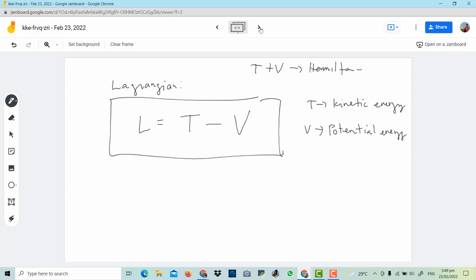But you must write it in momentum nga, in terms of momentum P. Okay? Hamiltonian. So, madiscuss gapon nato ni siya at the last part sa ato ang chapter 7. Sa kaninga chapter. So, once I know the kinetic energy and the potential energy, I can solve now for the Lagrangian.